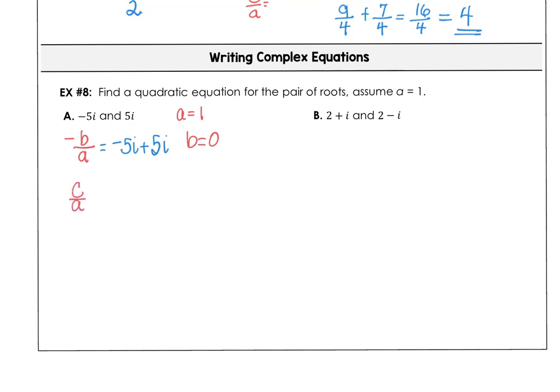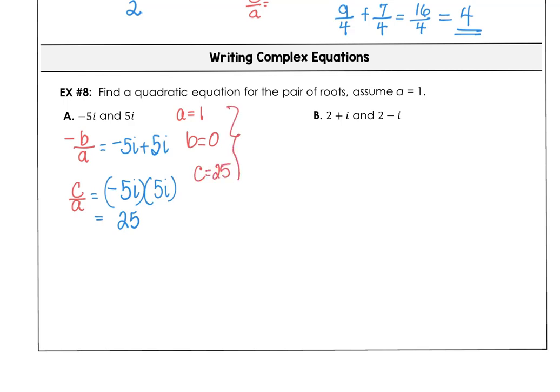So c over a is the product of the roots, and negative 5i times 5i is going to give us negative 25i squared. And negative 25i squared is going to be positive 25. And if a is 1, then c is 25. So now we know c is 25.